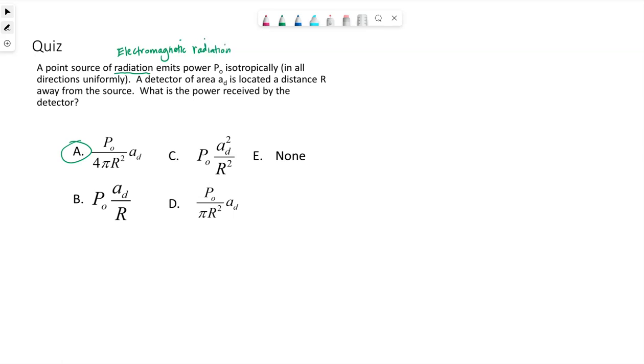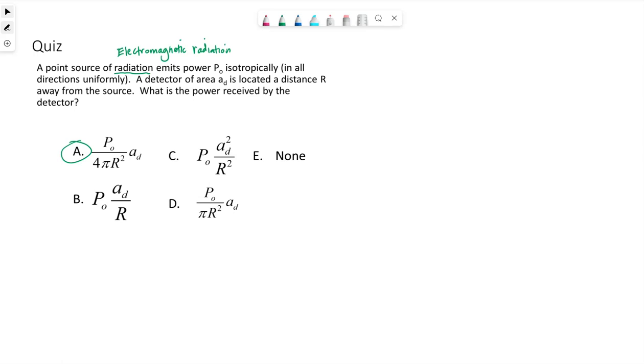When we talked in the first semester of physics about ways that heat could be transferred, we had conduction, convection, radiation. Radiation is saying that it's these electromagnetic waves that are carrying the energy away.